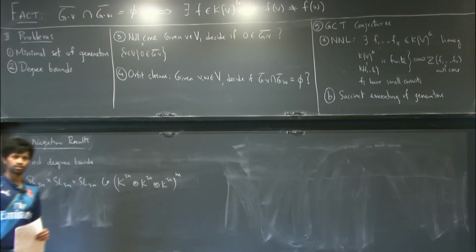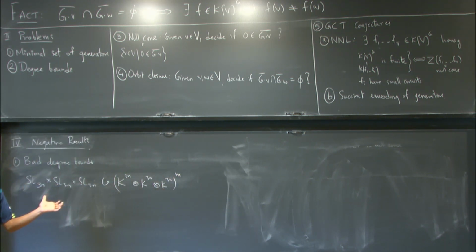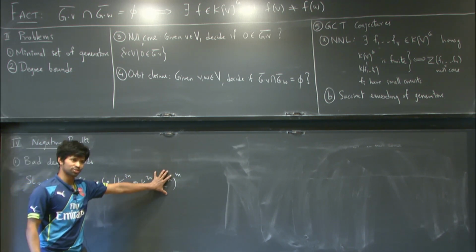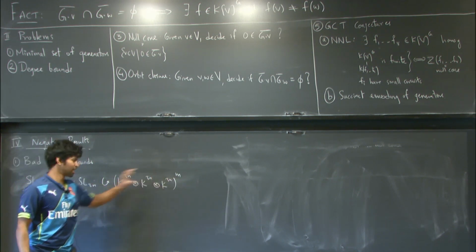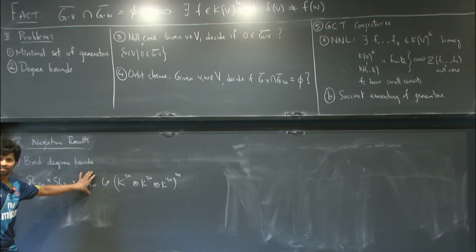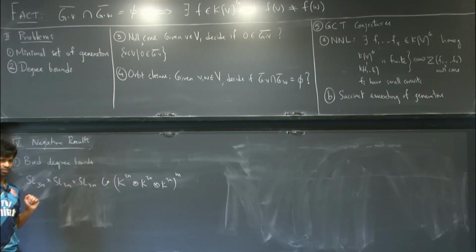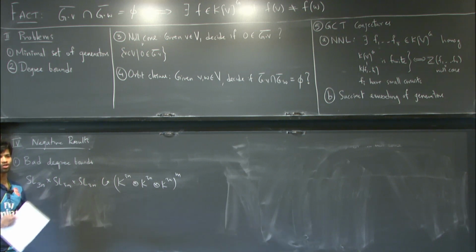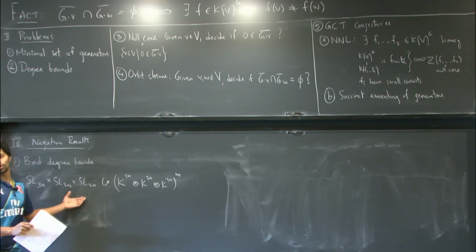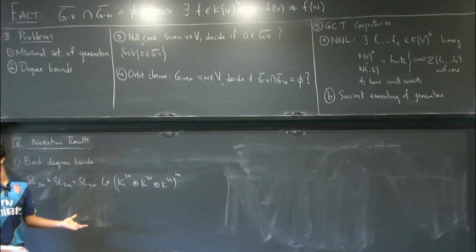m copies. This I claim is a natural generalization of matrices, because matrices are two-tensors, and you had an SL_n cross SL_n acting on it. So this is a natural generalization, and the analytic algorithm just goes through. It's just not clear how quickly it converges, and so the question is, if you had good degree bounds, maybe it converges quickly.